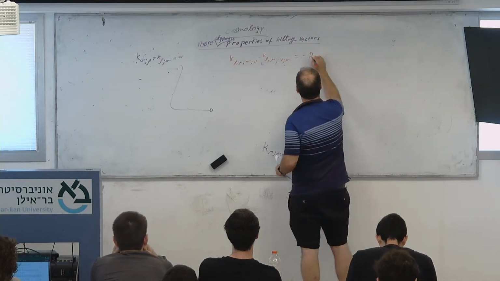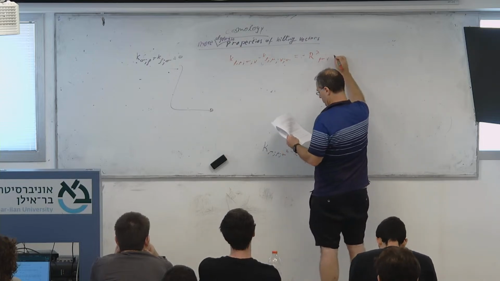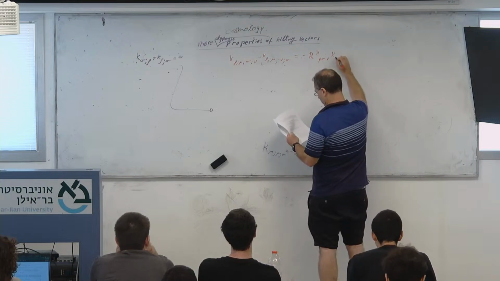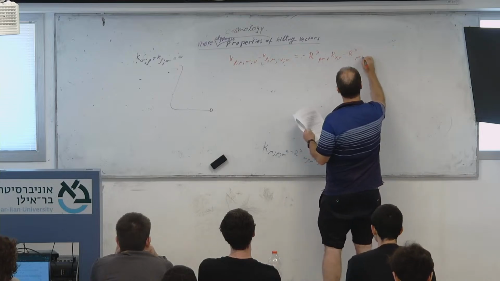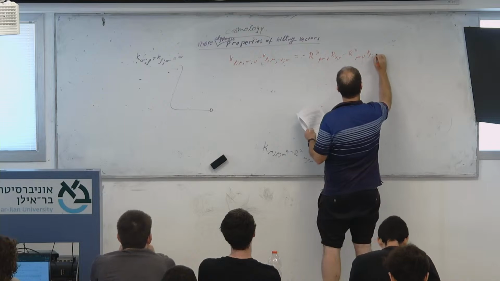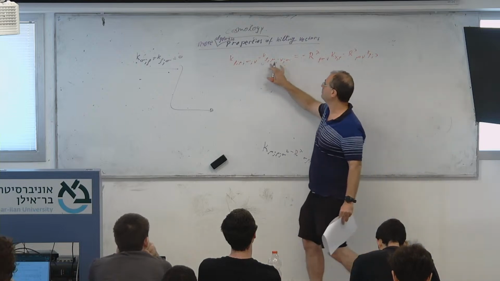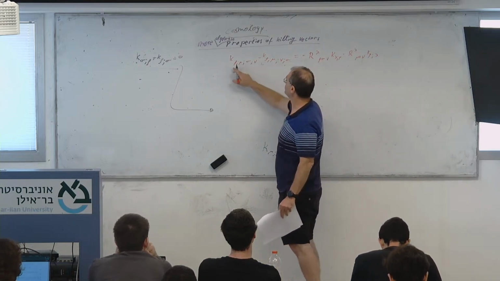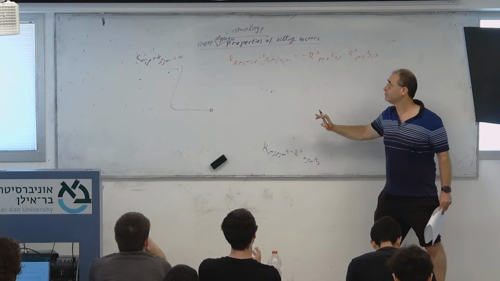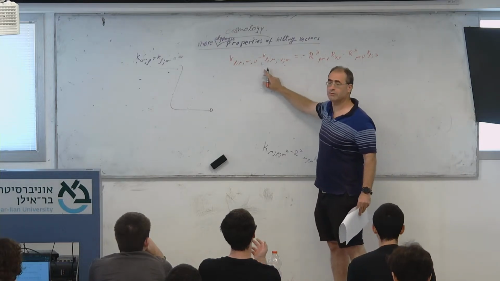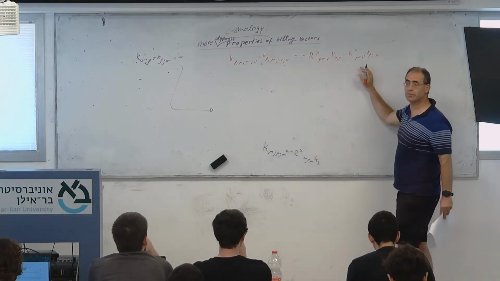We have minus r lambda rho sigma nu k lambda mu minus r lambda mu sigma nu k rho lambda. Again, it's the same thing. I took the commutator, but now of the tensors k rho mu. Derivative with sigma, then derivative with nu, and commutator, and again the same formula that we used before.